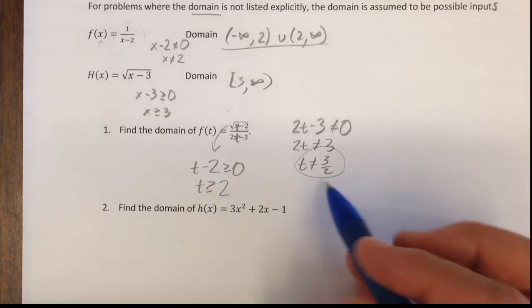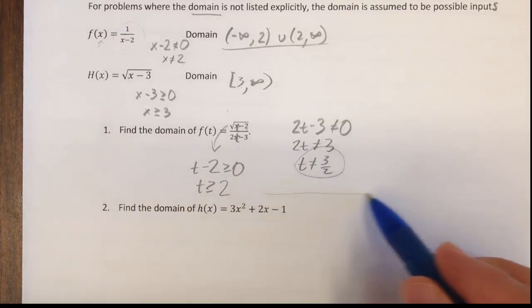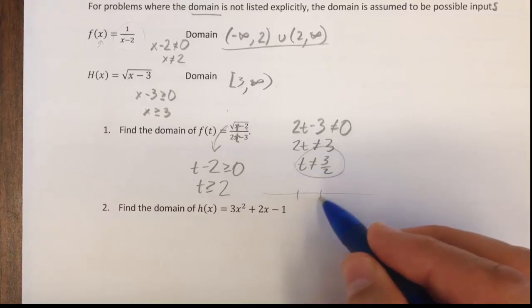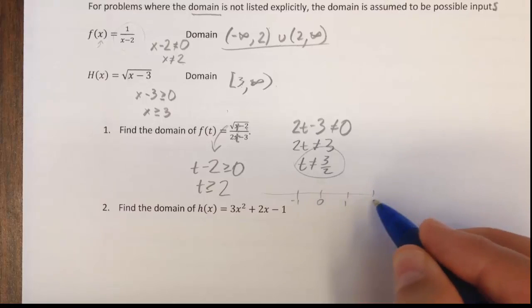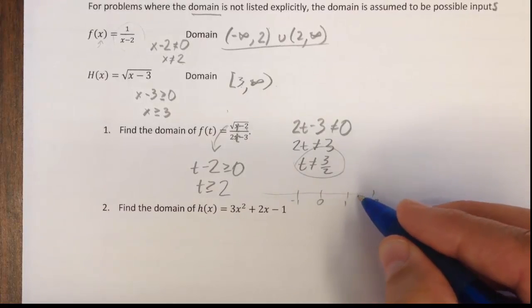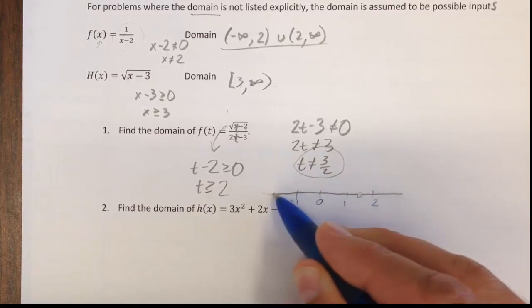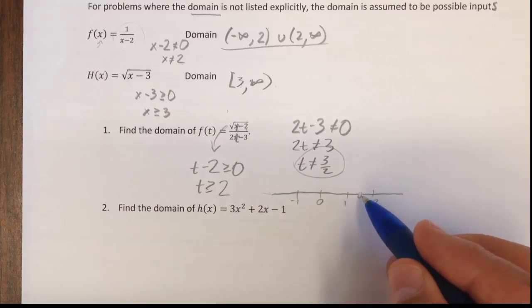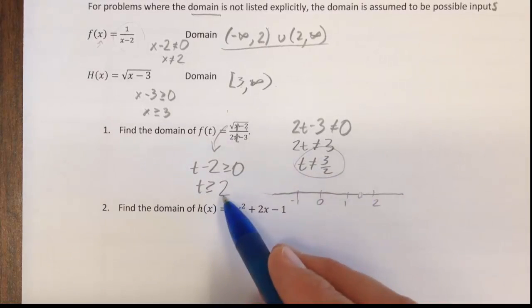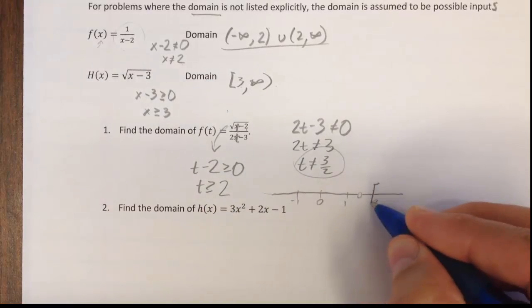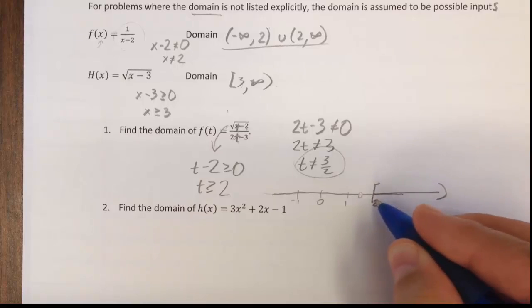So if you drew these two things on the number line, think about what's happening here. This simply says you can have anything if there's negative 1, 0, 1, 2. That means you better not be at this point 1.5 or 3/2. If you were drawing this, it would actually be that interval with an open circle there indicating it can't be that point. But this is much more restrictive. Okay? So this says it better be greater than or equal to 2.